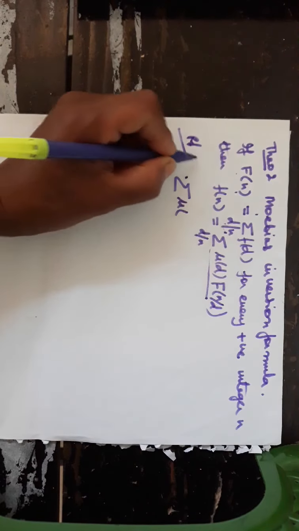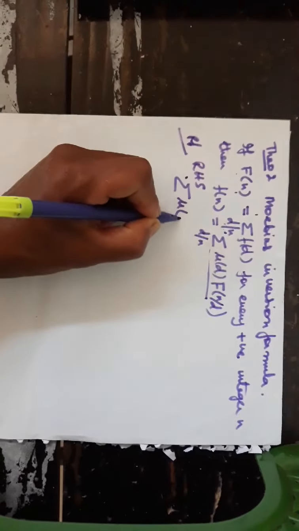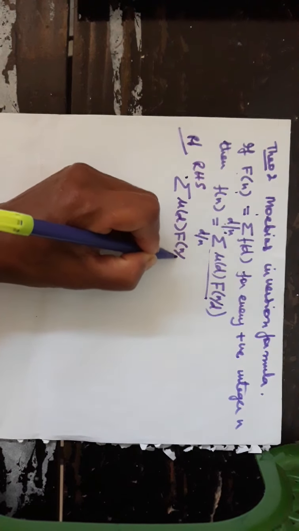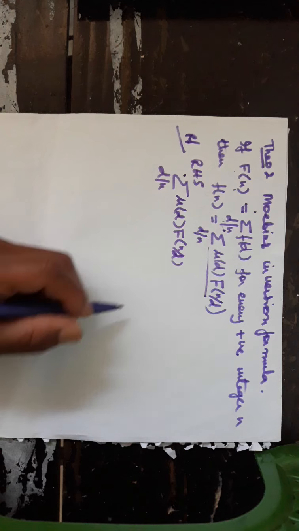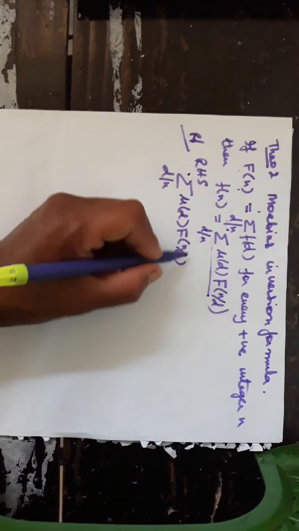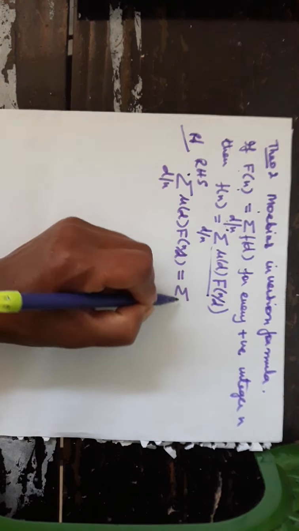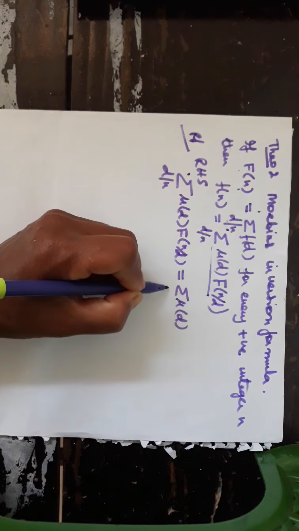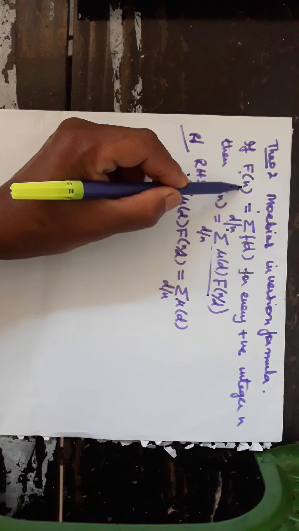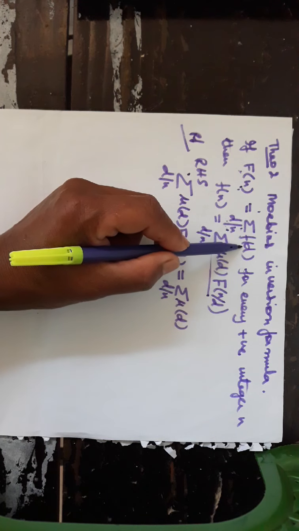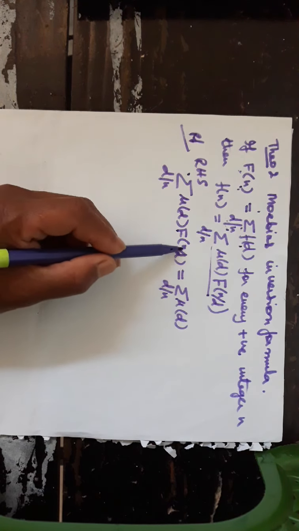So here we have the summation of μ(d), that is the RHS, μ(d) into F(n/d), where d runs over the divisors of n. So this can be written as the summation of μ(d), where d runs over the divisors of n. And what is capital F(n)? Capital F(n) is the summation of f(d). So here you have F(n/d).